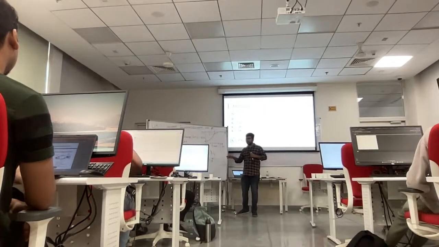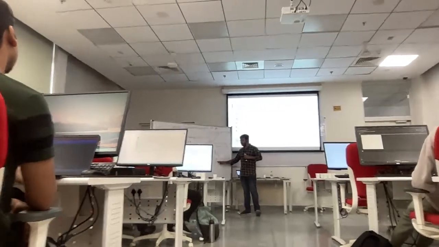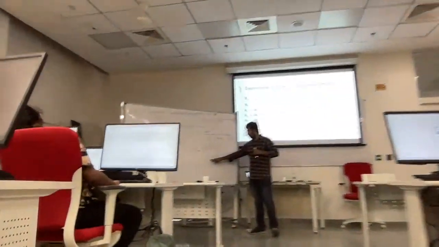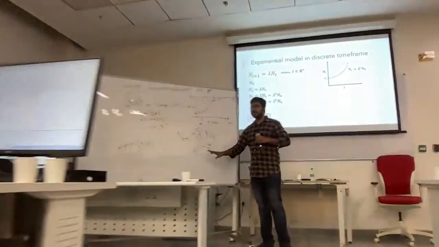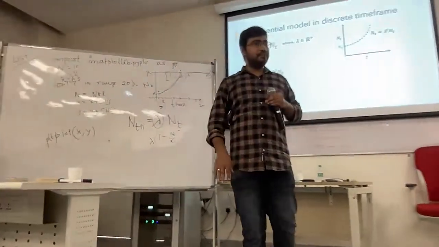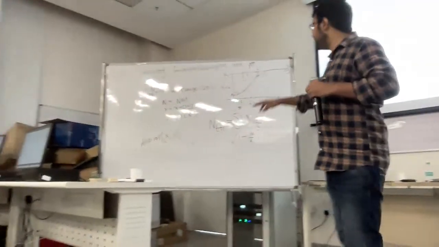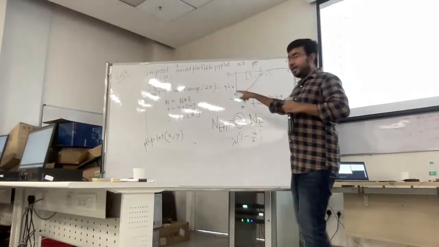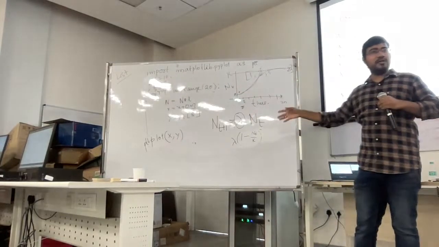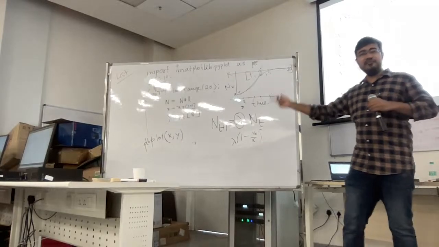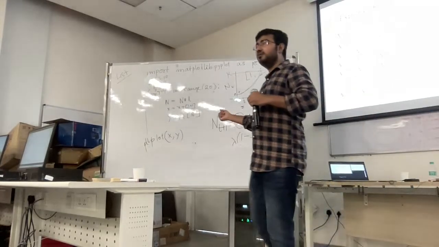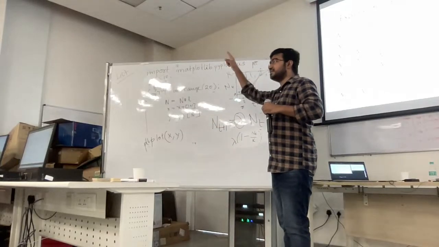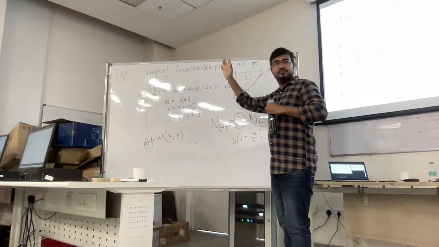It reached K, so Nt by K is 1. 1 minus 1 is 0. Nt plus 1 is again equal to 0. That means, in some sense, it's not only going up; sometimes it is falling down because of overcompetition, and eventually it is hitting 0. So sometime in between it will reach the maximum Nt value.